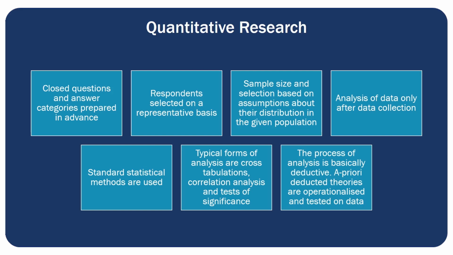That means a priori deduced theories are operationalized and tested on the data. That means you verify and test the theories, and that can lead to new theories. Now these two we have seen.